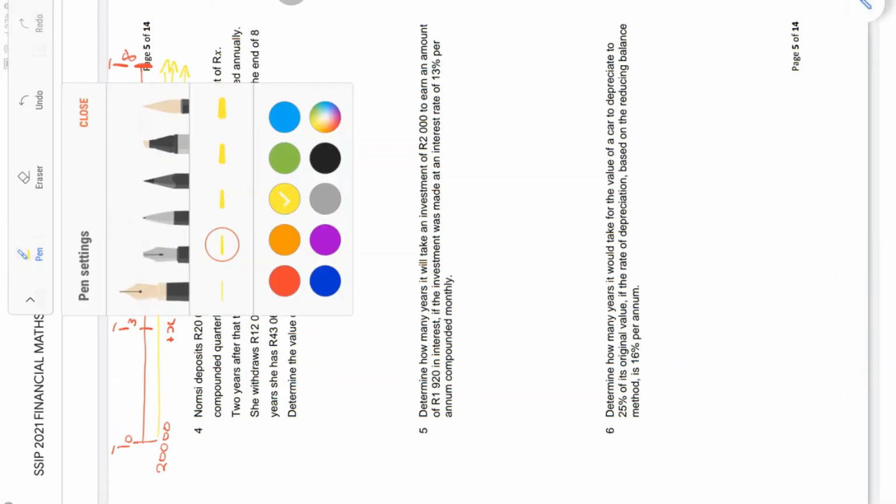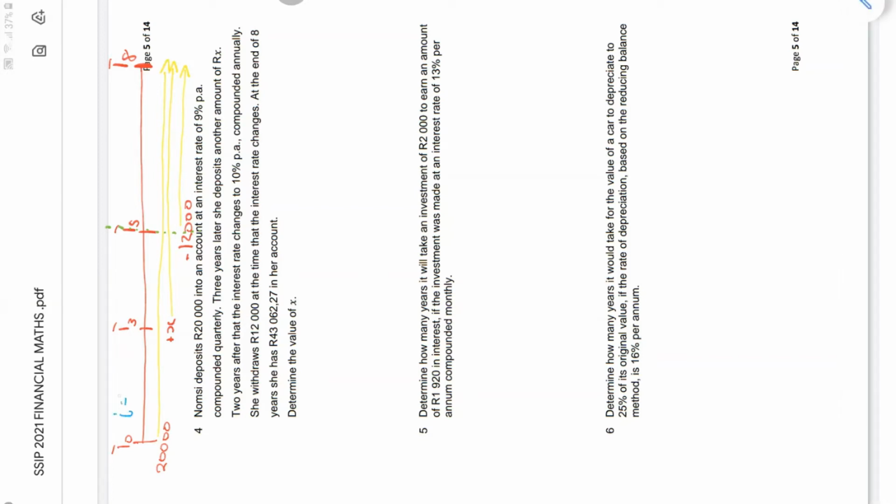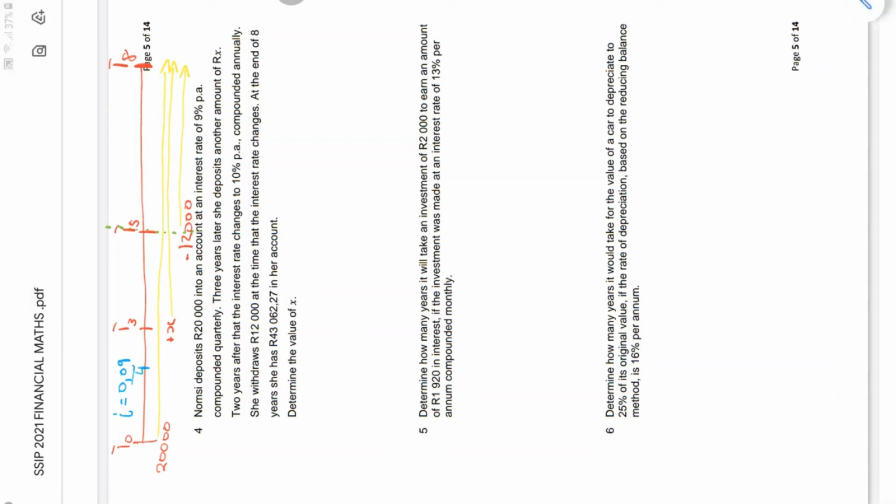The interest rate changed, and it changed 2 times. First, for the first 5 years, the interest rate i was 9%, meaning 9 divided by 100, compounded quarterly, so you divide by 4.